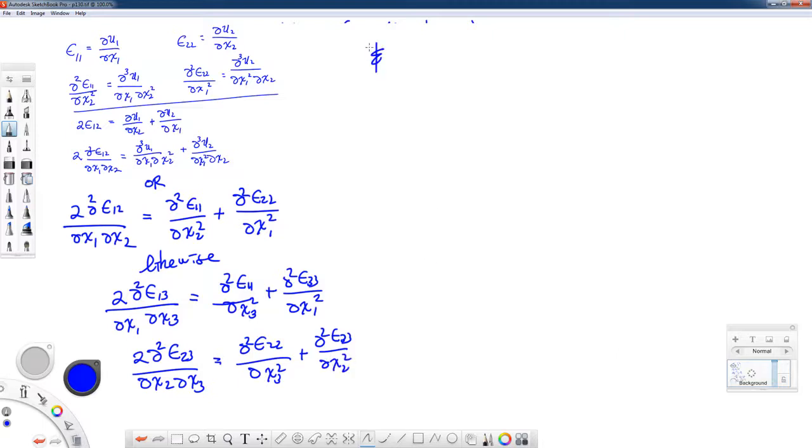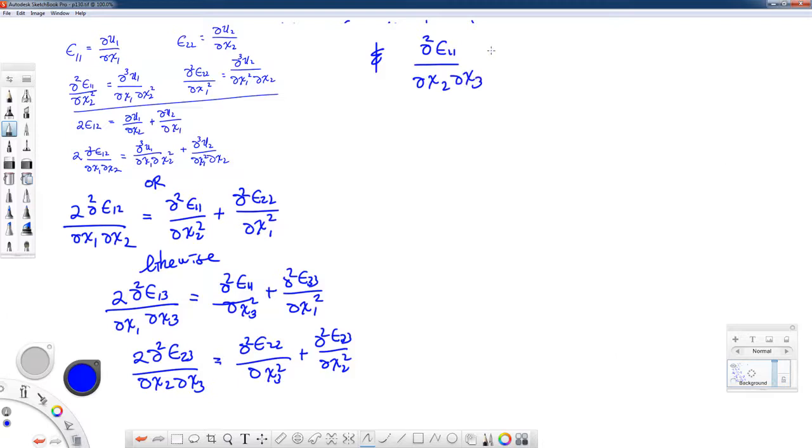Now there are 3 additional relationships, which I usually ask to have derived as homework, but I'll write them down. Maybe I'll just write one of them down for brevity.